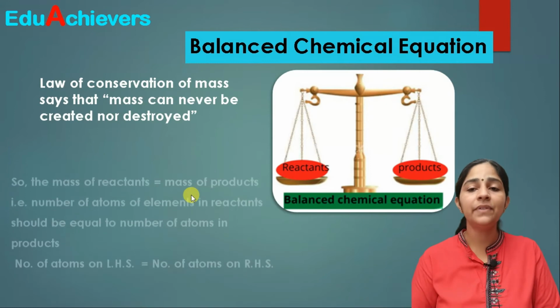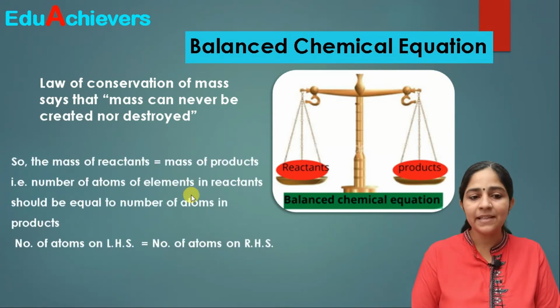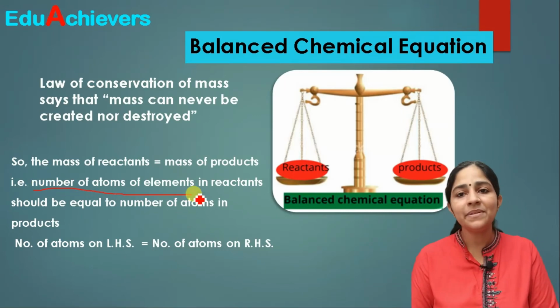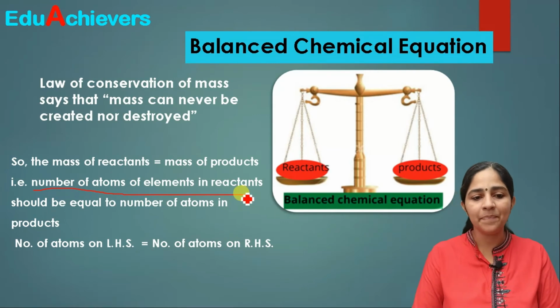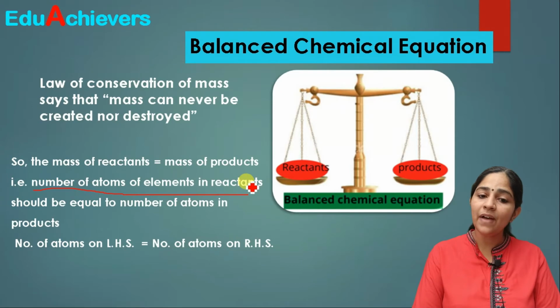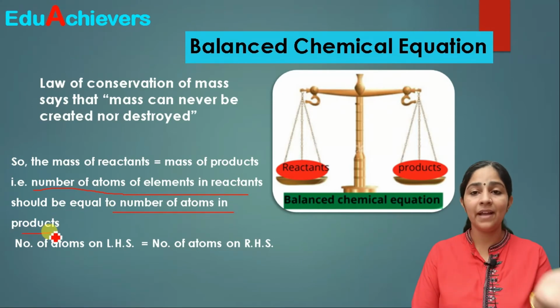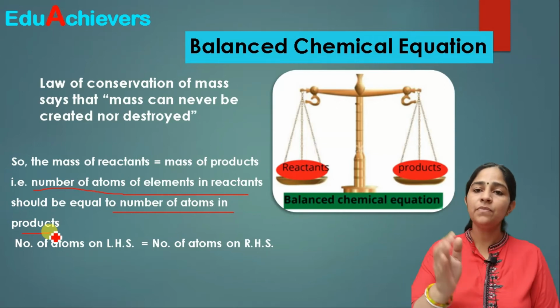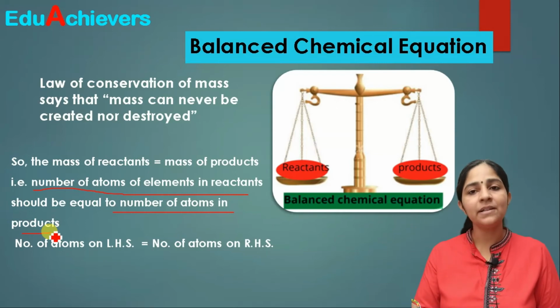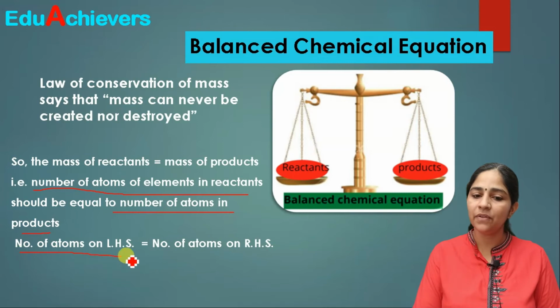So in other words, how can the mass be calculated? By the number of atoms. So the number of atoms of the reactants should be equal to the number of atoms of the products. The number of atoms on the reactant side, the left hand side, should be equal to the number of atoms on the right hand side, correct?